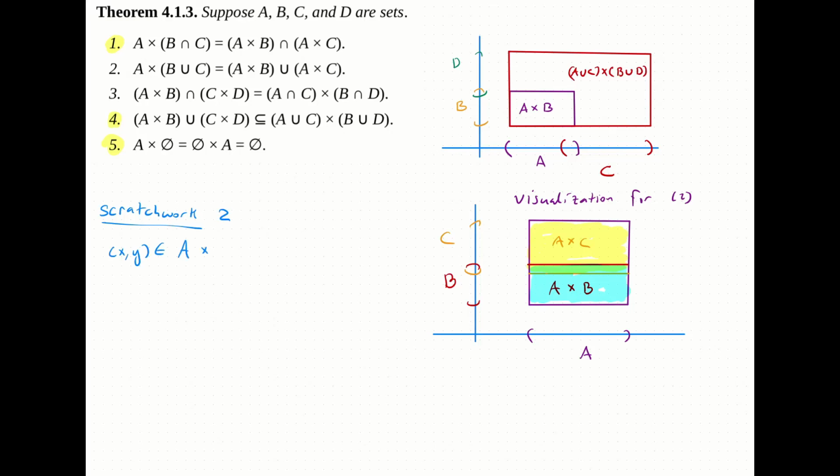So we choose an x comma y in A Cartesian product B union C. By definition, this is going to be x in A and y in the union of B and C. And so now that's by definition. If we apply the definition of the union, this here will be equivalent to x is in A and y is in B, or y is in C.